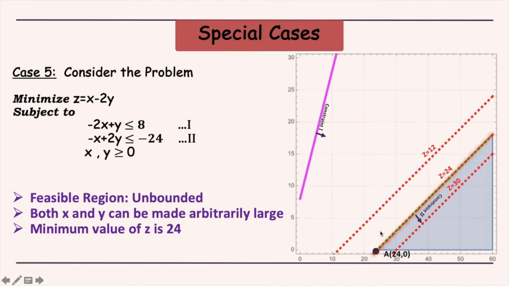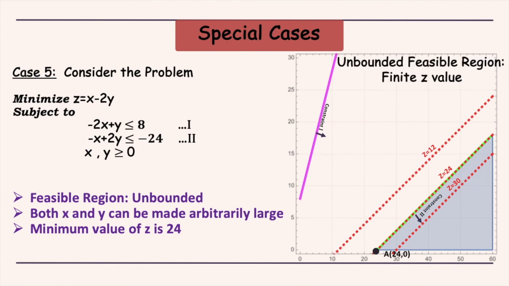So this boundary line is the line which is giving us the minimum z value, and hence we can say that we have infinitely many points which give us this z value which is 24. So here, although our feasible region is unbounded, the value of z which can be achieved while restricting to the feasible region is finite, and that value is 24.